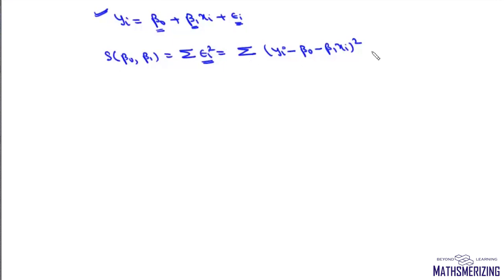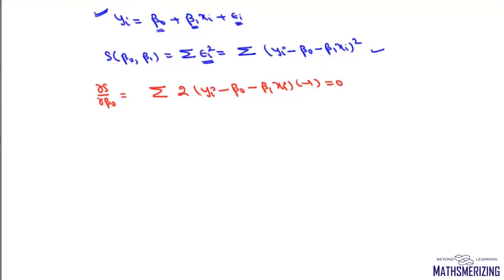So we need to minimize this function. For that, we'll differentiate this function partially with respect to beta naught. So we'll write delta S upon delta beta naught will be this summation, and here will be 2 times yi minus beta naught minus beta 1 xi, and then the derivative of this function with respect to beta naught will be simply -1, and we'll put it equal to 0.